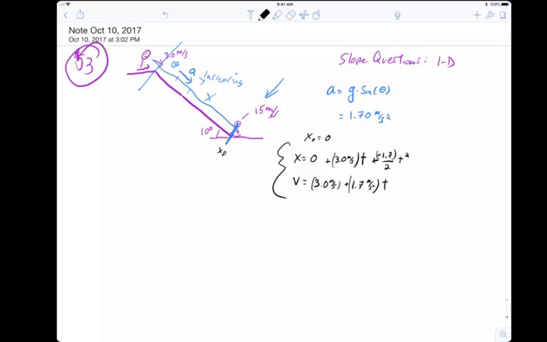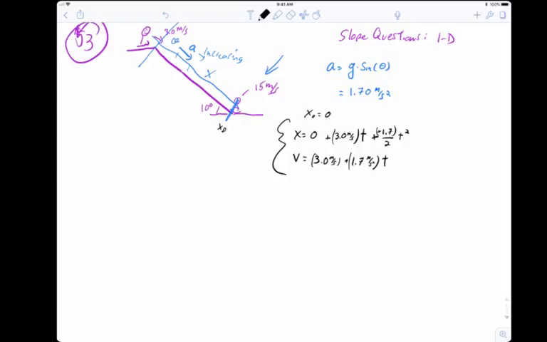We don't know what time they hit the bottom, and we don't know where they hit the bottom. So let's do that. At the bottom, the speed here is 15 meters per second. So 15 is equal to 3 plus 1.7 times t bottom. So t bottom is equal to 15 minus 3 divided by 1.7, which is 7.06 seconds.